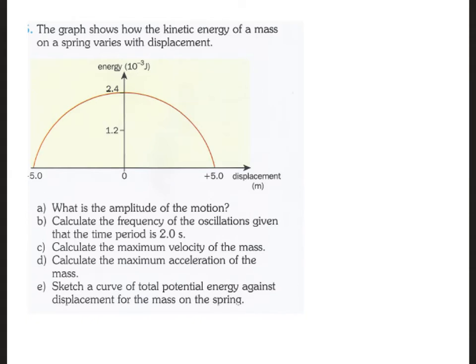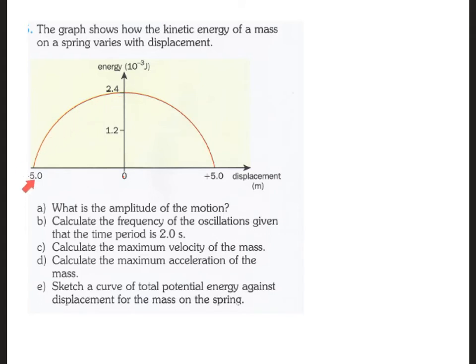If we have a displacement of 0, that means it's going to be in the center. And as it goes to the maximum displacement, you see here the energy is 0, because the question says we're talking about how much kinetic energy it has. Does that make sense? Yeah, because at the maximum, it stops, it changes direction, and we know it's moving the fastest when it's in the center, so it should have the most kinetic energy there.